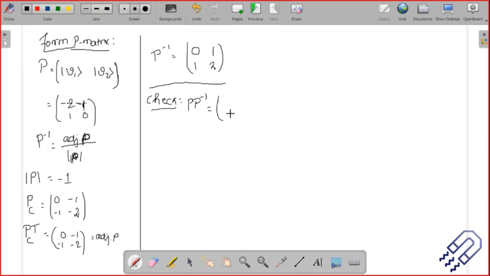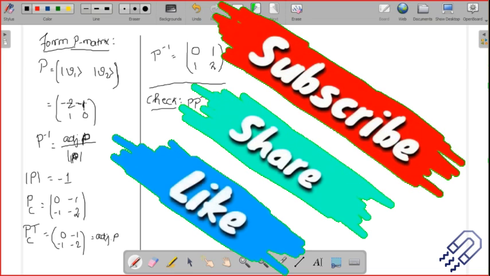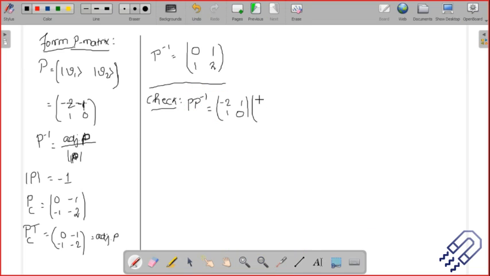Both of them should give you a diagonal matrix with the components 1, the unit matrix. You've got minus 2, 1, and then 1, 0. Okay, this is P, and P inverse we just calculated to be 0, 1, 1, 2. Okay, and if we do this, this is minus 2 into 0, and then 1 into 1 is 1, so this is 1, fine.